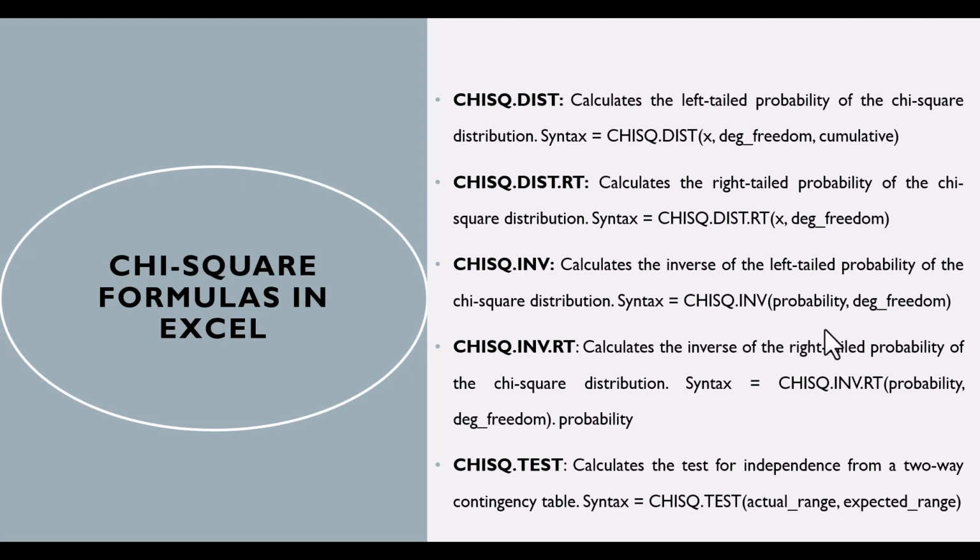So the syntax is, you type CHISQ.INV, then you provide the probability, that is the margin of error.